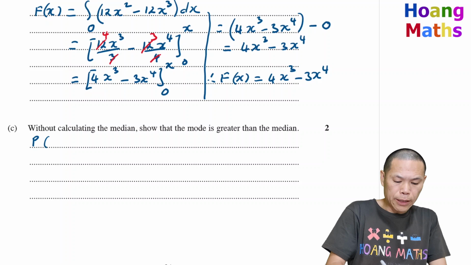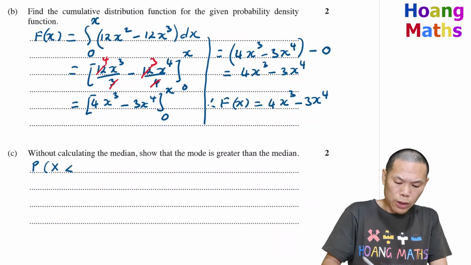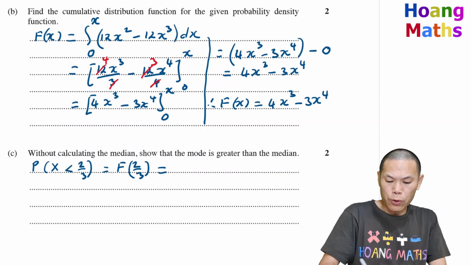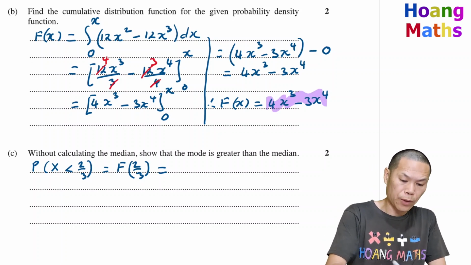So probability of x that is less than the mode, that is 2/3, is equal to capital F of 2/3. So I just substitute into this function here.